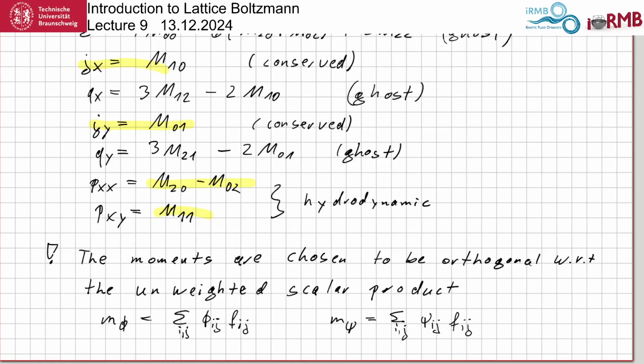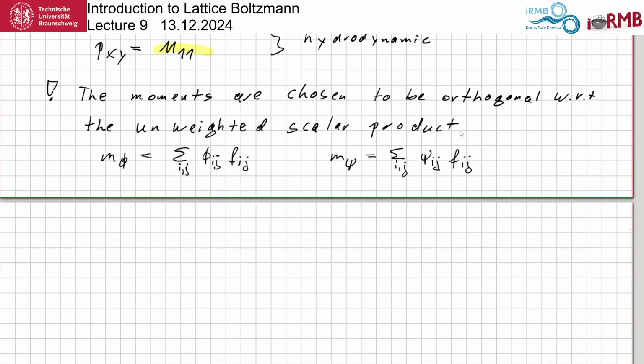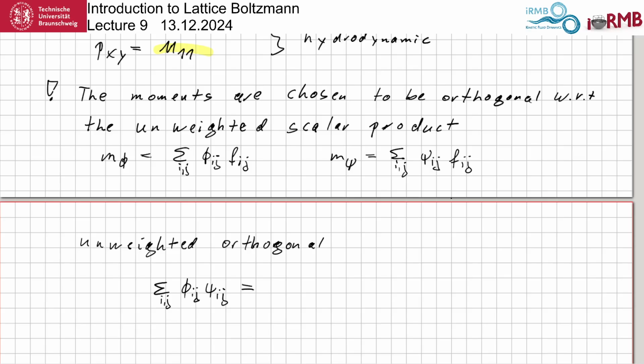Then the unweighted orthogonality means that m phi and m psi are unweighted orthogonal if the sum over ij of phi ij times psi ij is equal to 0.